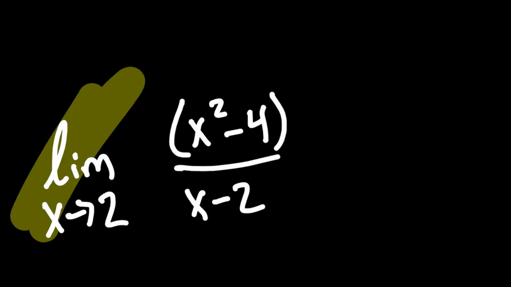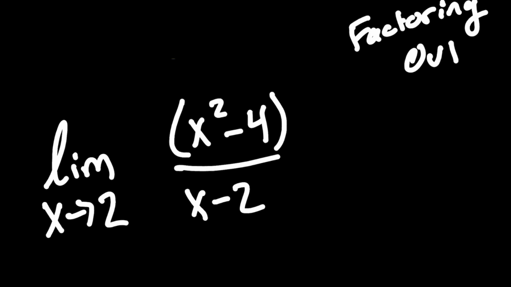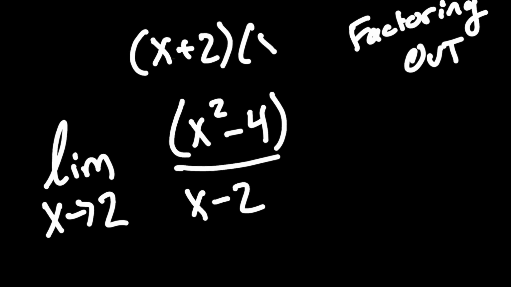The thing that we can do to solve this limit is by factoring out. And in this case, x squared minus 4 is a difference of squares. So if we change it into x plus 2, x minus 2, we might get better success with this limit.